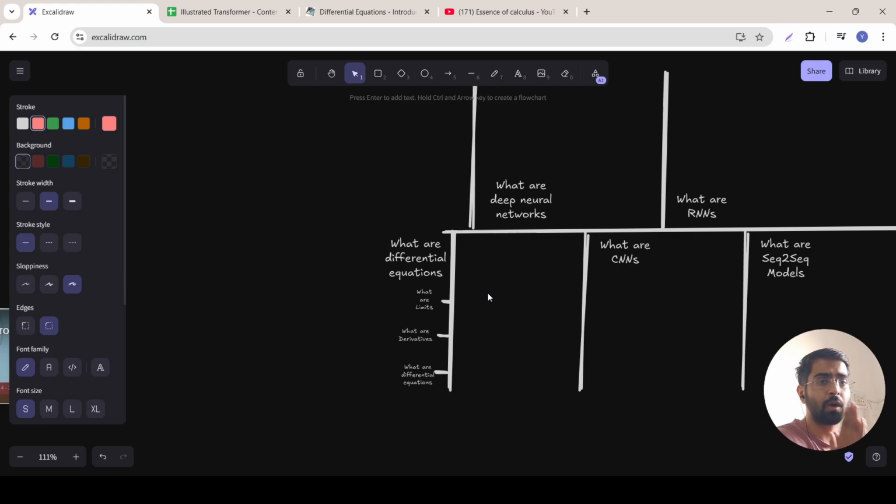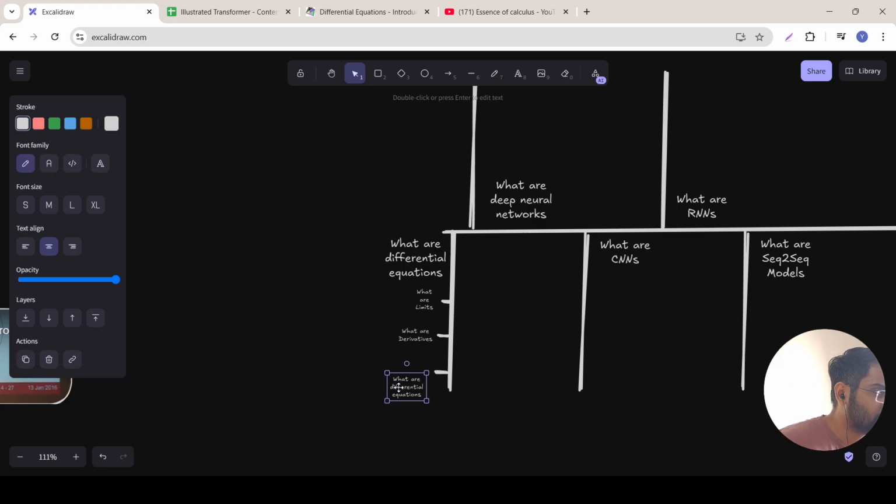So they are the foundational concepts. And obviously I have gone through this in my high school, but I don't know the actual clarity: why we use limits, why we use derivatives, why we use differential equations and all. I actually forgot.